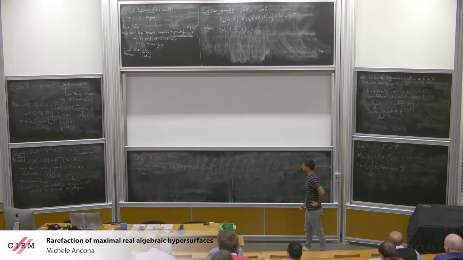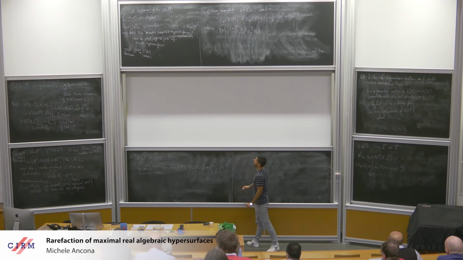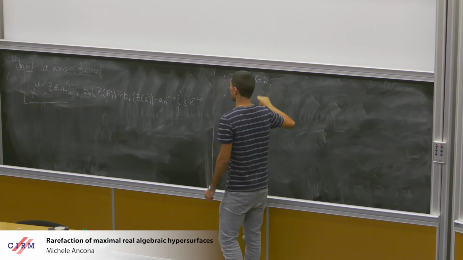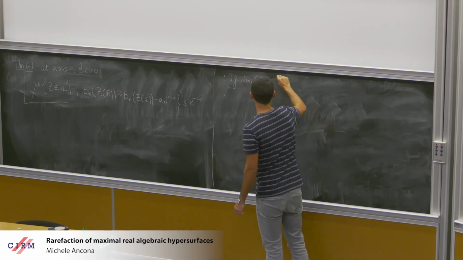So two remarks. The first is that when the ambient variety X has dimension 2, so for curves in surfaces, this result was proved by Gayet-Welschinger.